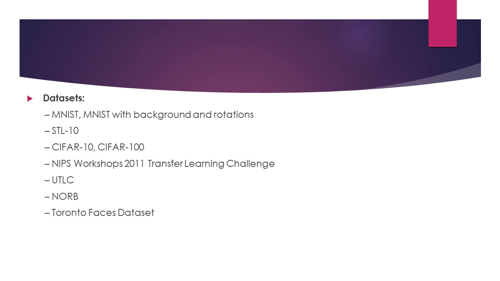The first one is MNIST, which I have defined, with the background and rotations. Rotation images are there. CIFAR, so CIFAR-10 and CIFAR-100. So I will tell you what the CIFAR-10 is, and what type of dataset it is.